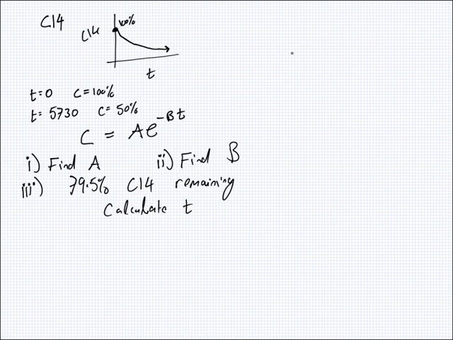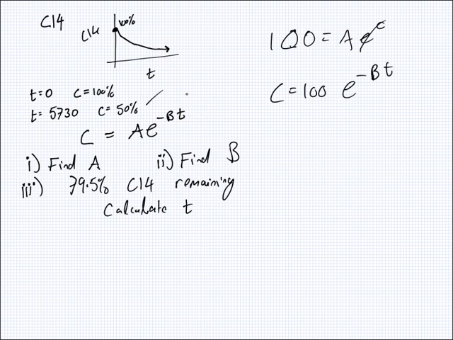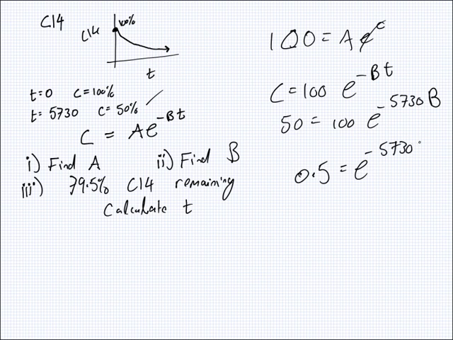So, what is the A here? Yeah, because you'd say 100 equals A e^0. So now you have A done. C equals 100 e^(-BT), and we sub in the second piece. 50 equals 100 e^(-5730B). Divide by 100, we get 0.5 equals e^(-5730B).